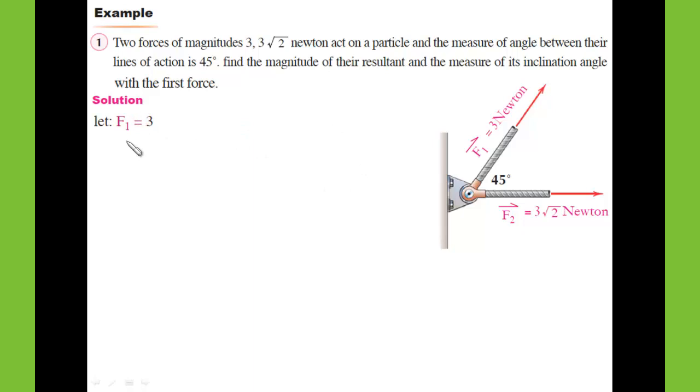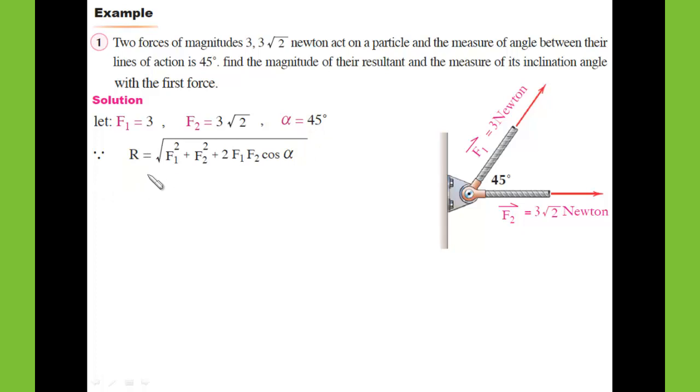Solution: let F1 equal 3, F2 equal 3 root 2 according to the given and the figure. Alpha, the angle between them, is 45.